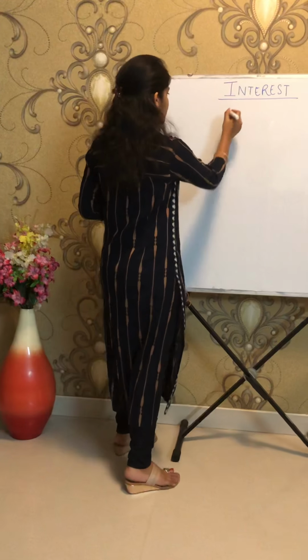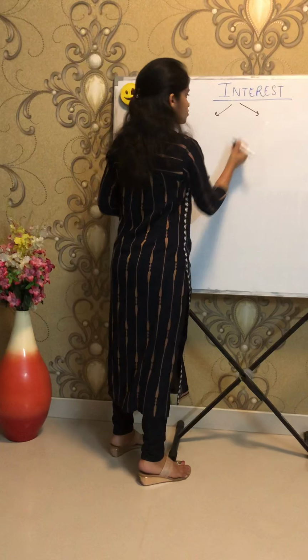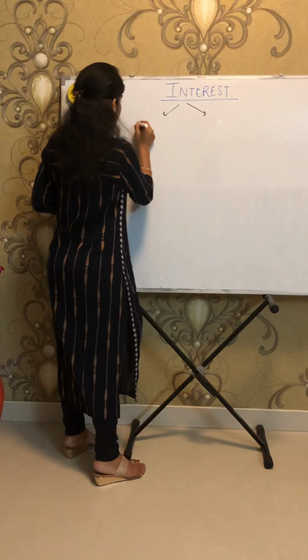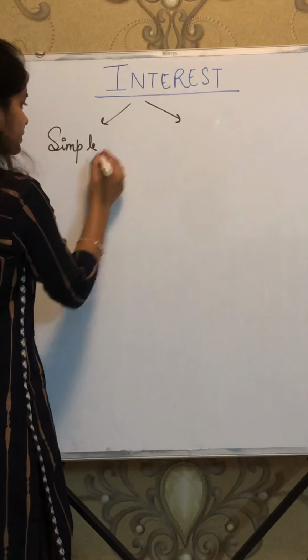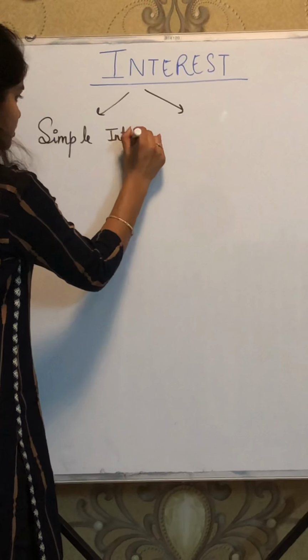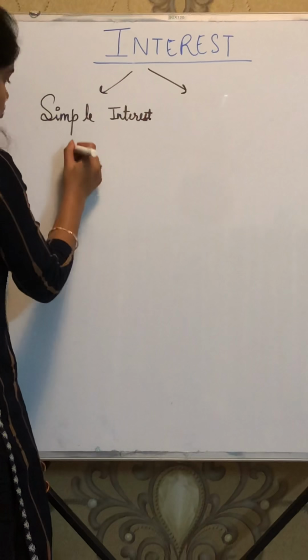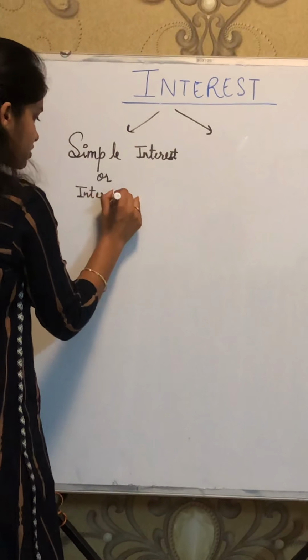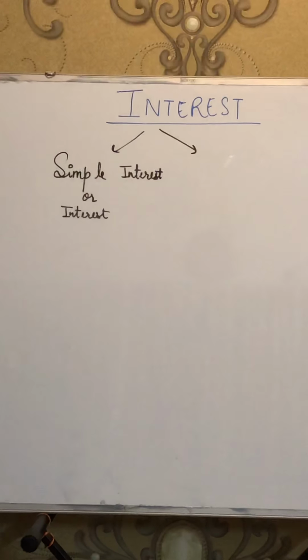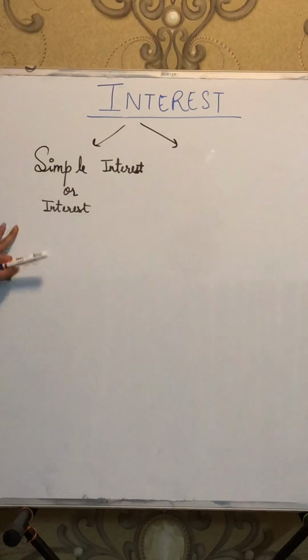as interest is of two types. One is simple interest, which is also considered as only interest sometimes when they are not saying anything, so it means it is simple interest.